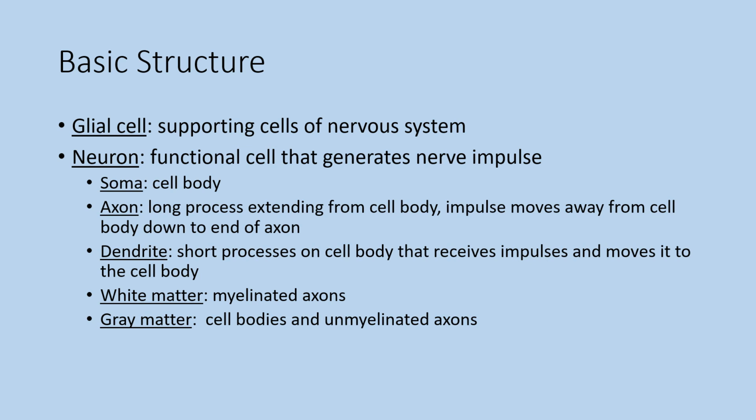If they are myelinated, they're called white matter because they look whitish in color. If they do not have this myelin sheath around them, they tend to look gray. If you're looking at just a group of cell bodies or a group of somas, that would be gray matter.